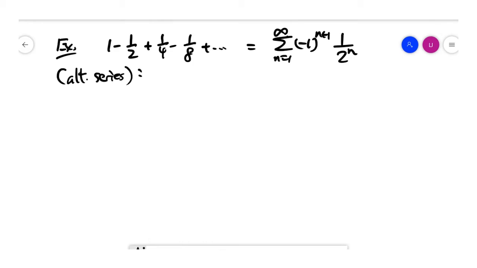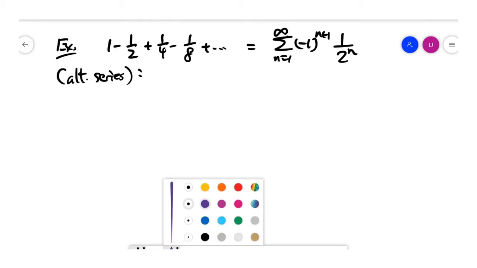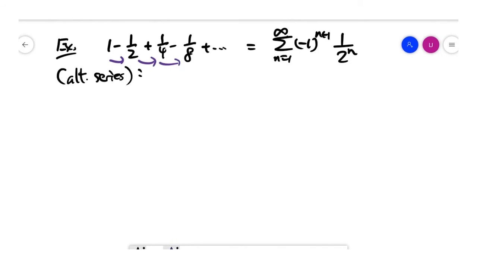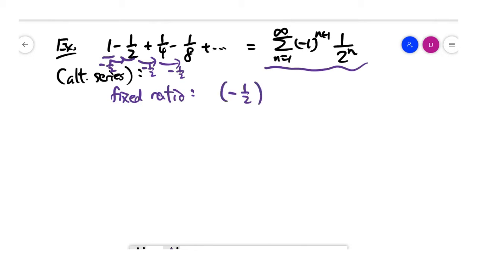I think we can just solve it by the earlier method, because of what? Because as you can see, there's a fixed ratio among the terms. The fixed multiplicative ratio that you can use to multiply the first term to get to the next term is minus 1 over 2. Same for the second pair and same for the next pair. So it gives you a sense that for this alternating series, the ratio is minus 1 over 2.